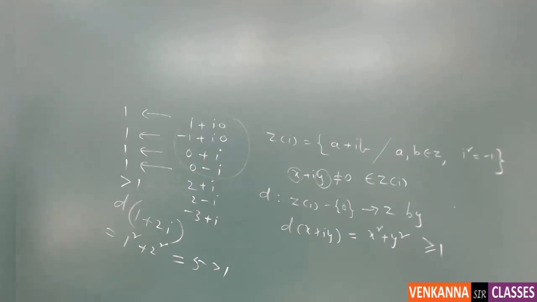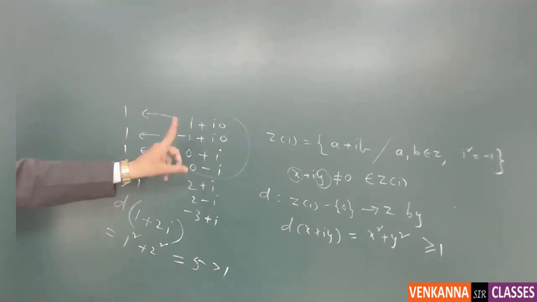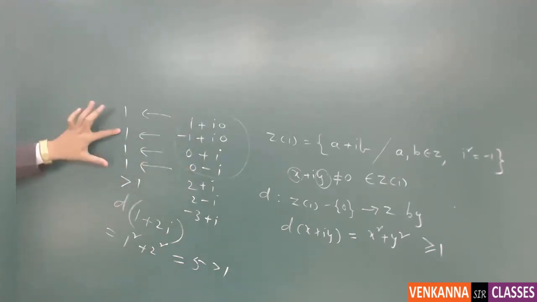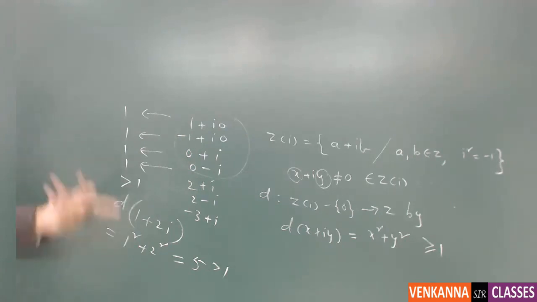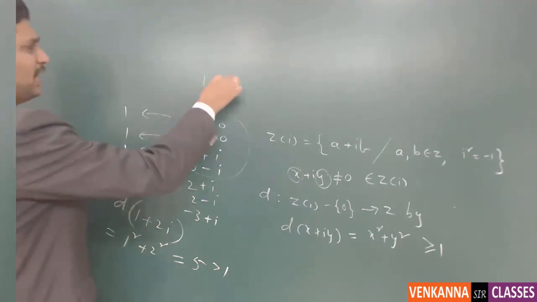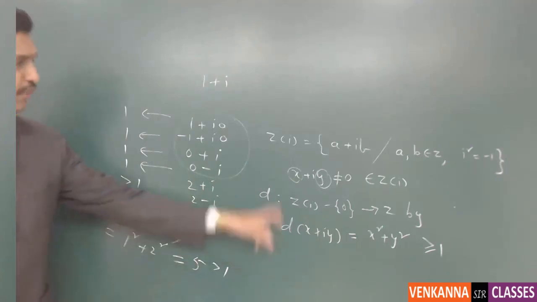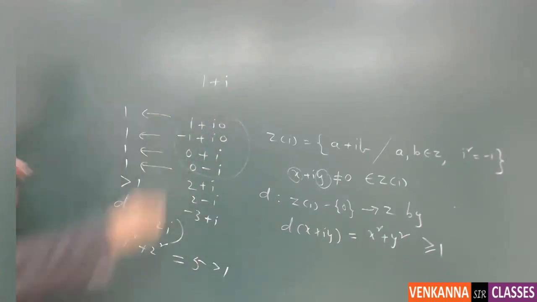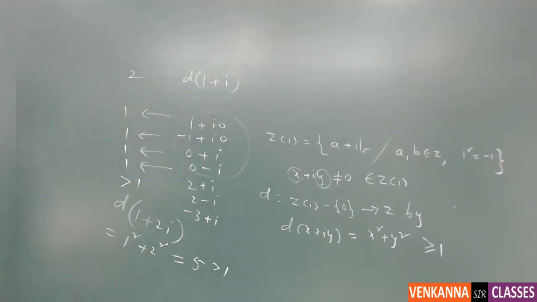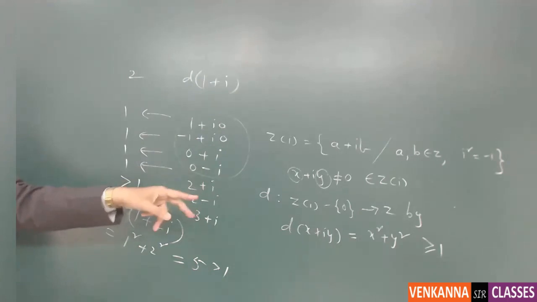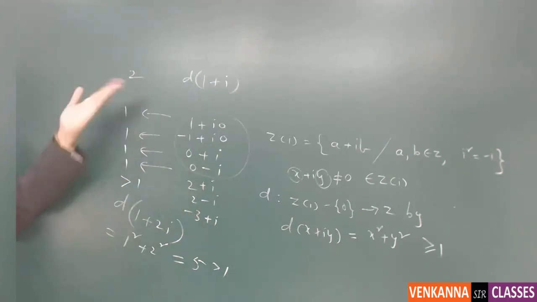So, if you take one value as 0 and another value as 1, you are getting 1, the output value. If you take the smallest one, let me say you have taken 1 + i, then d of x + iy is nothing but 2. So the minimum possibility for the output is 1, or it will be greater than 1.